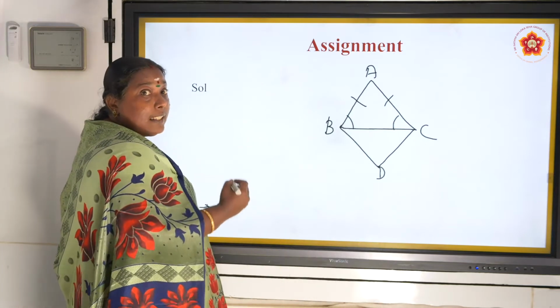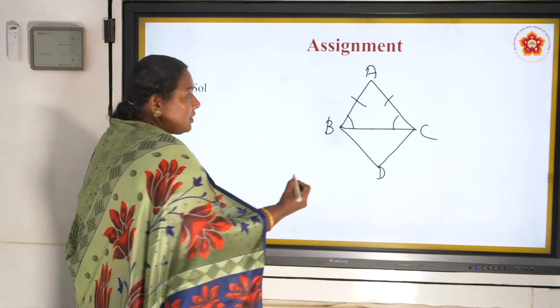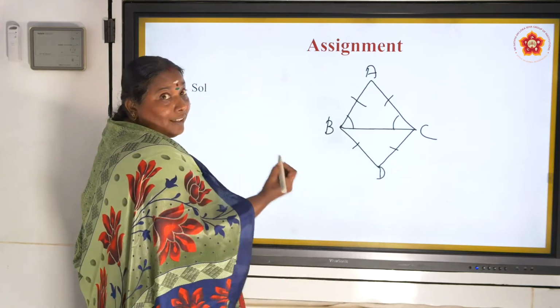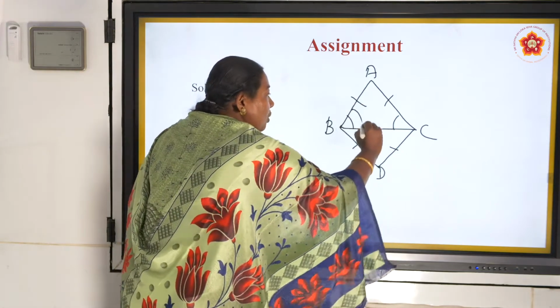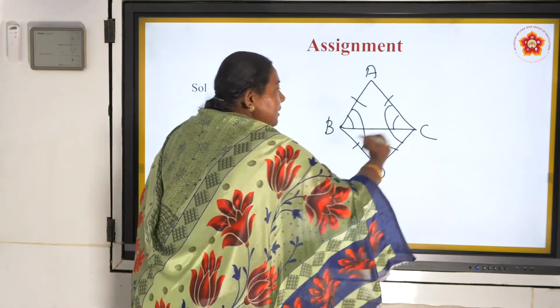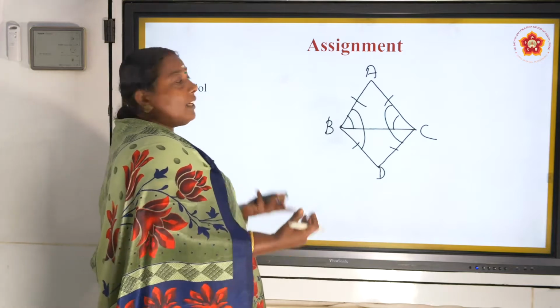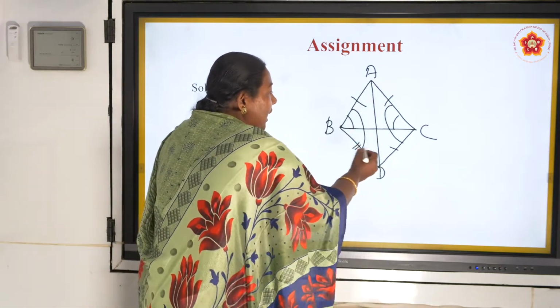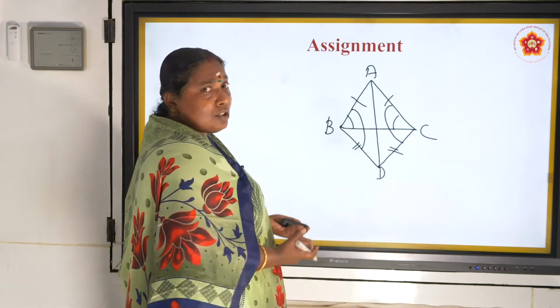They have told that DBC is also an isosceles triangle. So these two sides are equal. What they asked is to prove angle ABD is equal to angle ACD. By looking at the figure itself I can tell. If I drop a line here, everything is already shown.